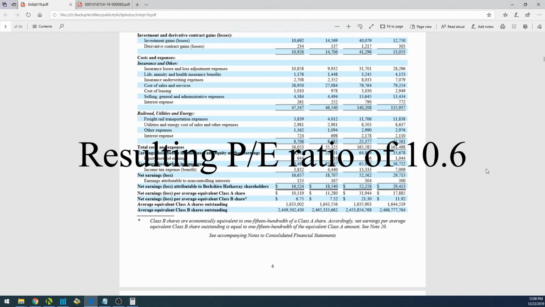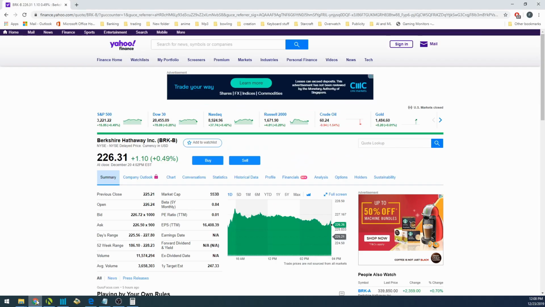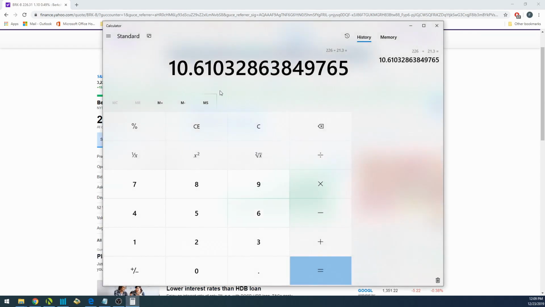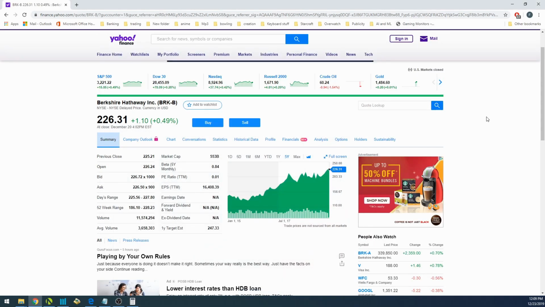For Berkshire Hathaway, 10.6 is a pretty good value actually, because if you look at the share price after the recent bull run, Berkshire Hathaway share price is currently at an all-time high for Class B shares at $226.31 per share. So at this all-time high share price, its price to earnings is still at a relatively low value of 10.6. So that's a pretty good value for price to earnings ratio.